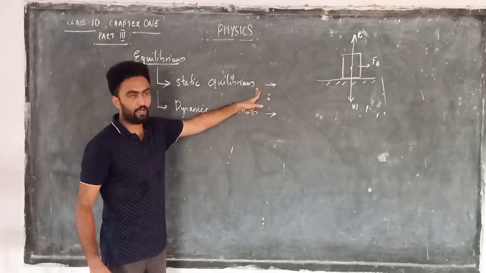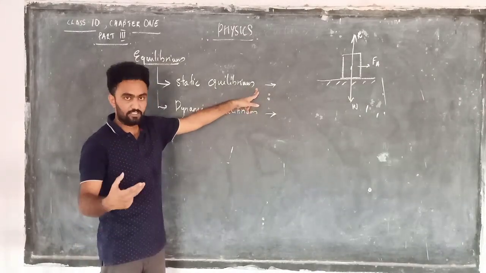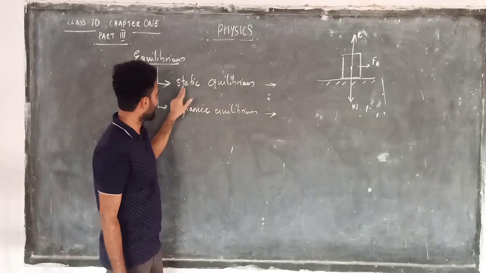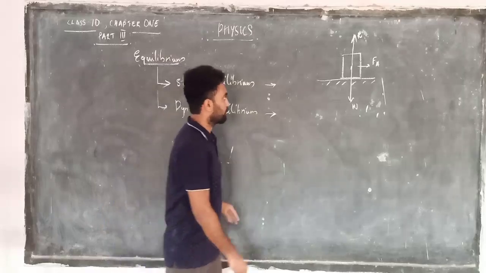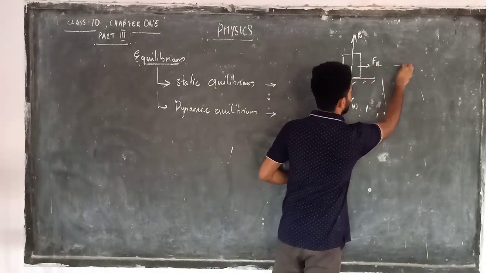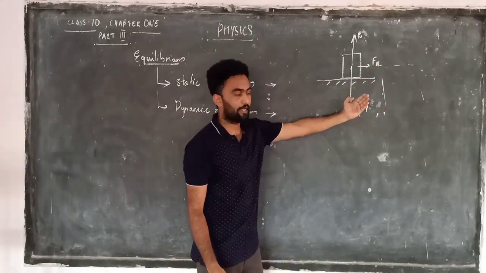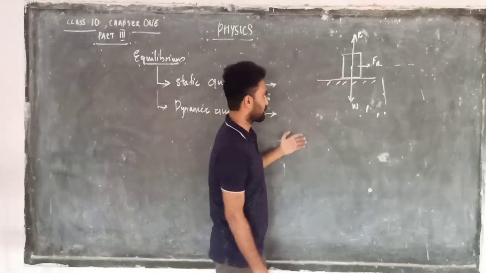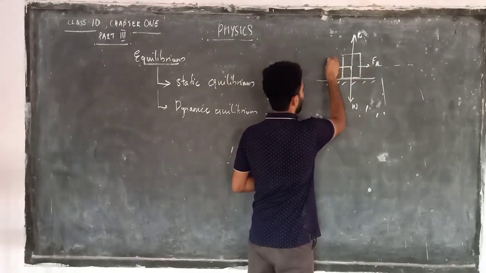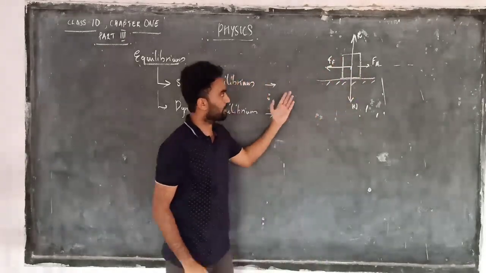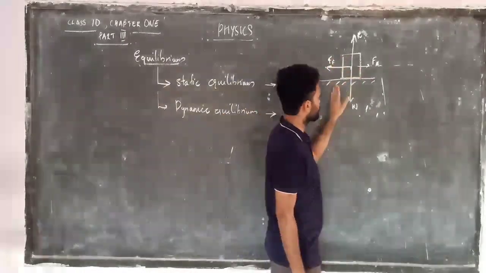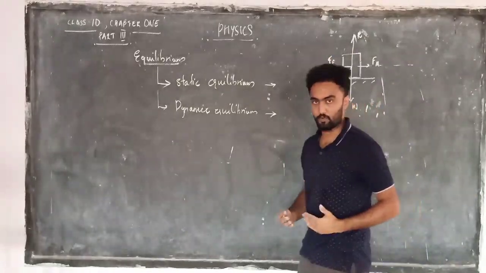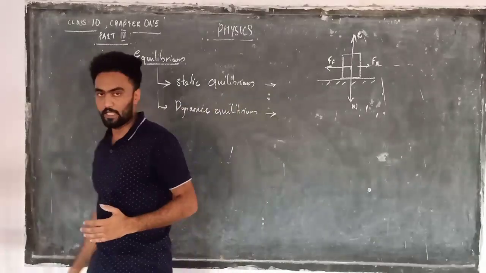Even on the application of an external force, the body is not changing its position, remaining in its state of rest, then it is called static equilibrium. If a force is acting in this direction, at the same time there will be an equivalent opposite force, and that force is given by the friction concept. So there will be a frictional force acting in the opposite direction, and that counterbalances all the forces here. In such a manner the net force acting on this body will be zero. So that's the case for static equilibrium.